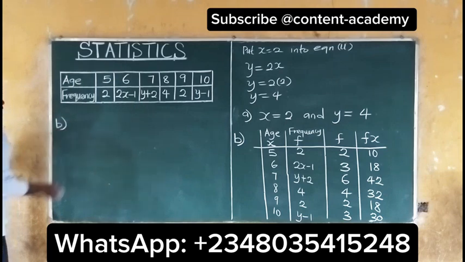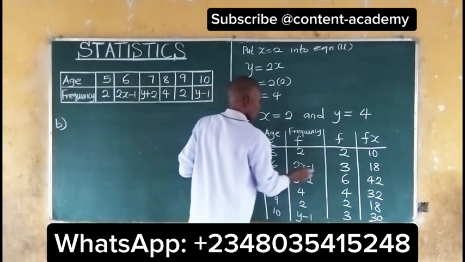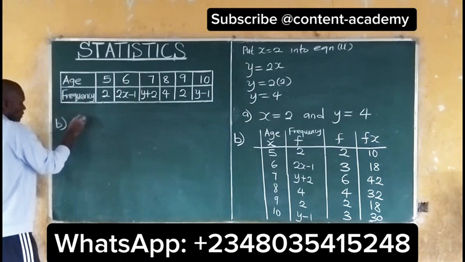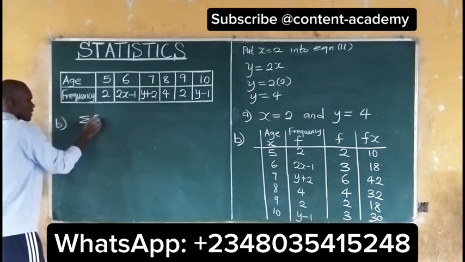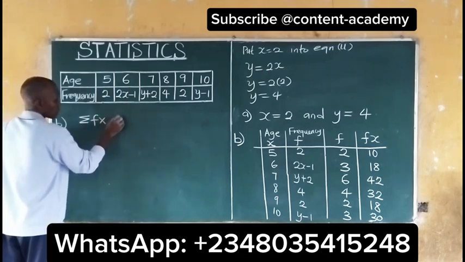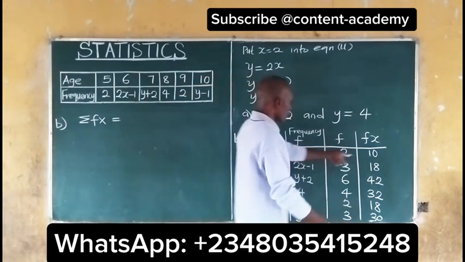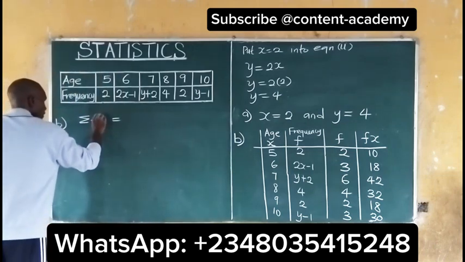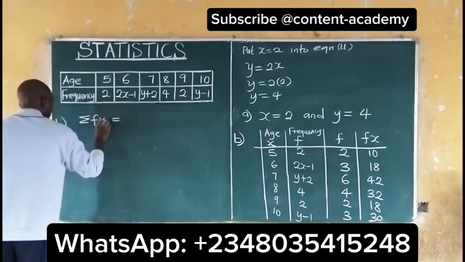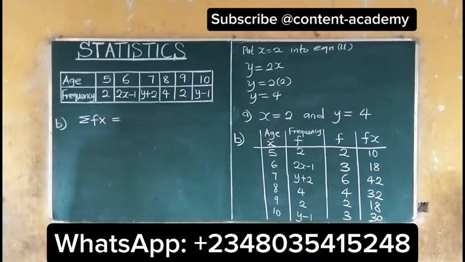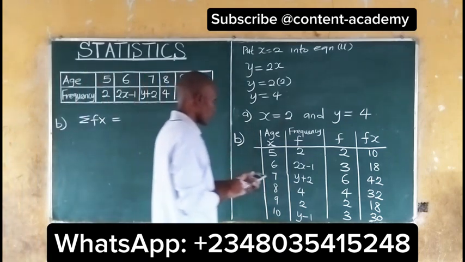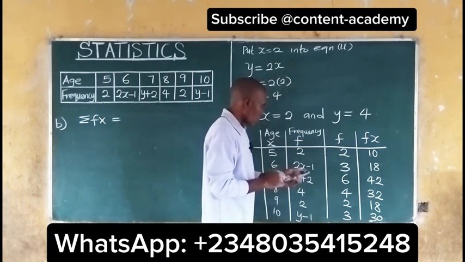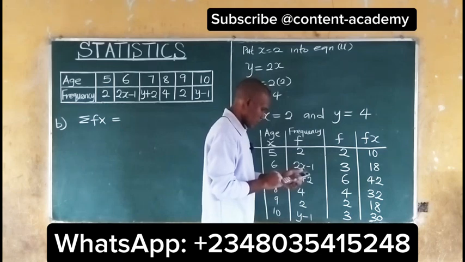For B, we say summation of f of x. Summation of f of x means we add the values of f of x: 10 plus 18 plus 42 plus 32 plus 18 plus 30.